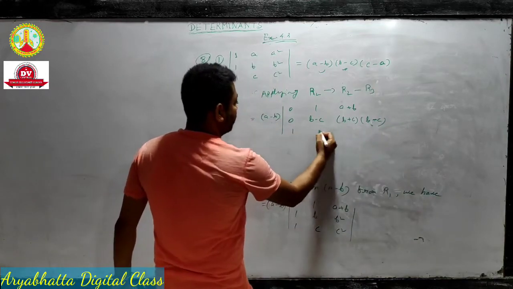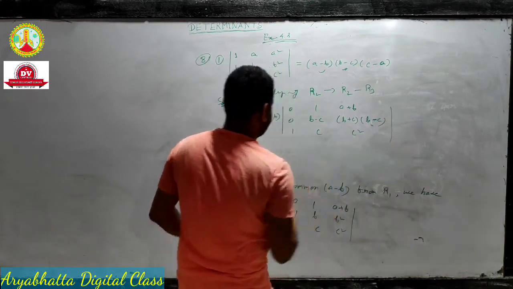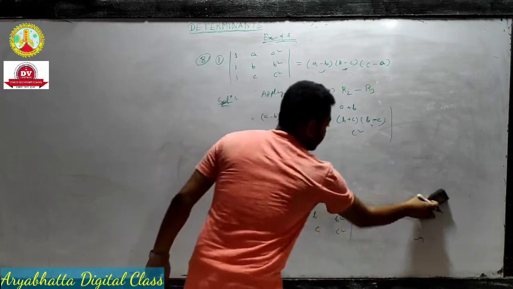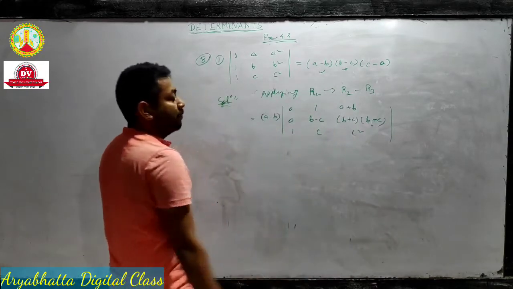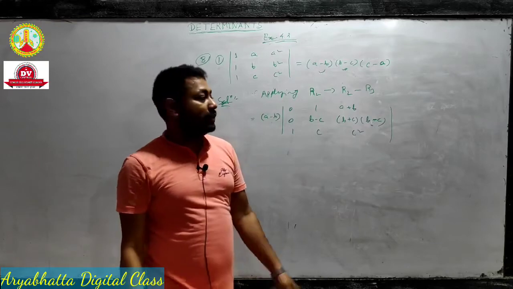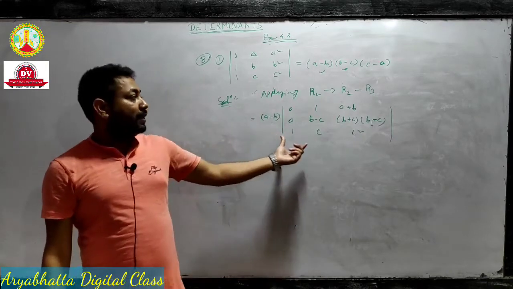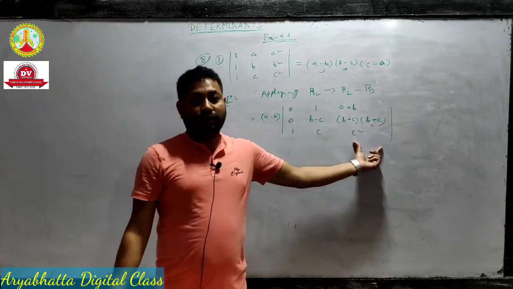Next 1, c, c square. After applying R2 tends to R2 minus R3, then we have a minus b into determinant this.